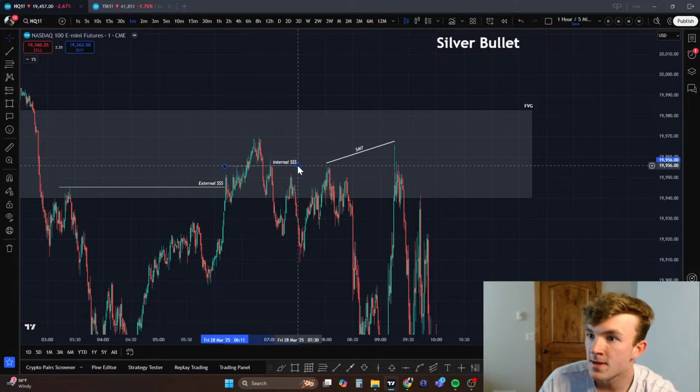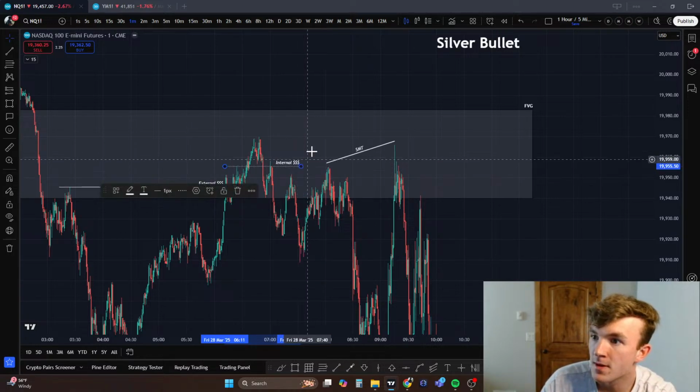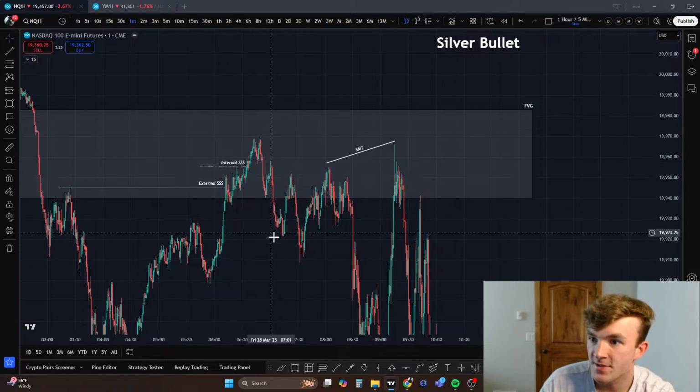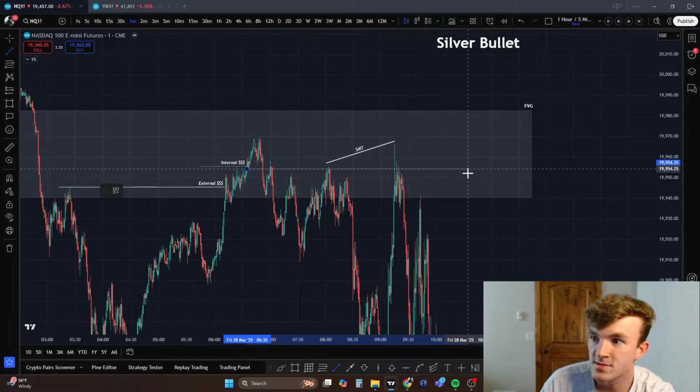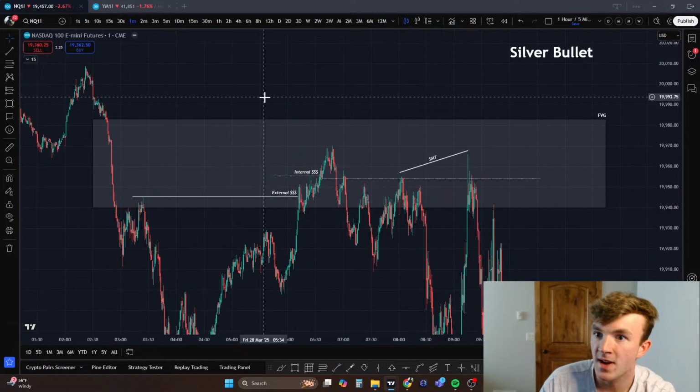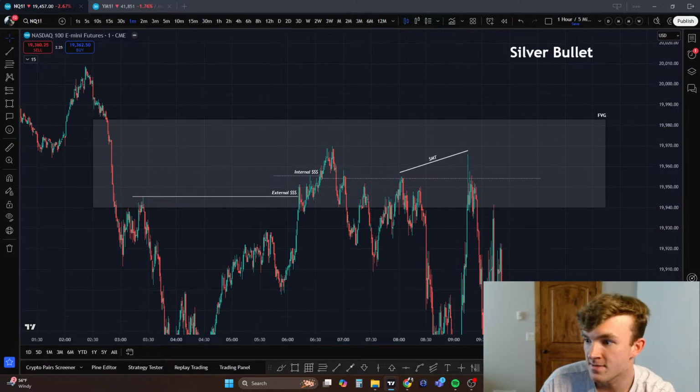And then theoretically, you could have taken this 1 minute change of state delivery right here. Because that's the 1 minute change of state delivery, right? But since this would be such a small stop loss, you might as well have it a little higher, right?